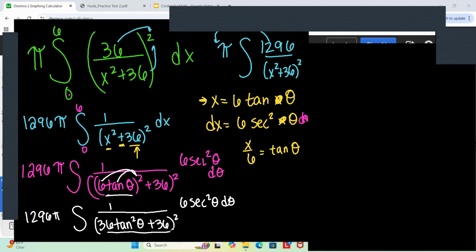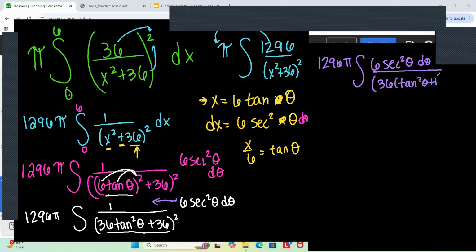You can see down here we have a common term of 36. We're going to pull that out, so we still have 1296 pi integration. I'm going to just put this on the top. 6 secant squared d theta over pulling the factor of 36, and then that would be tan squared plus 1, still squared.